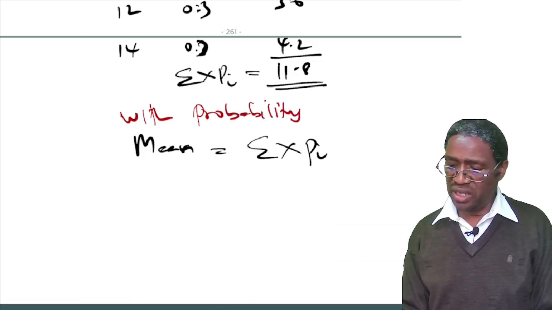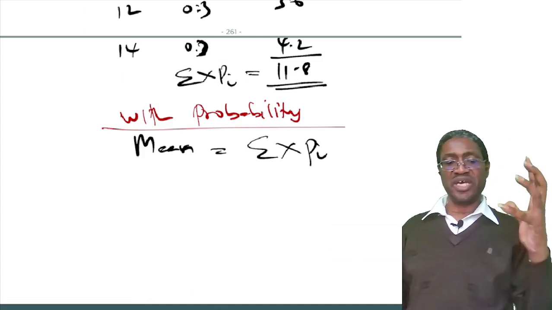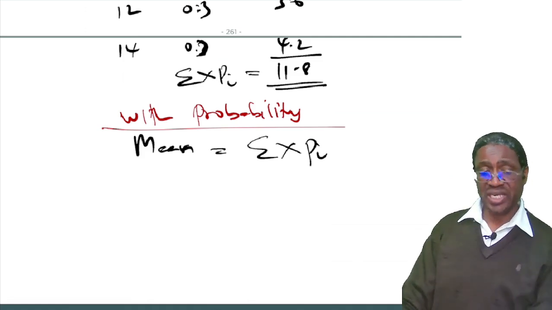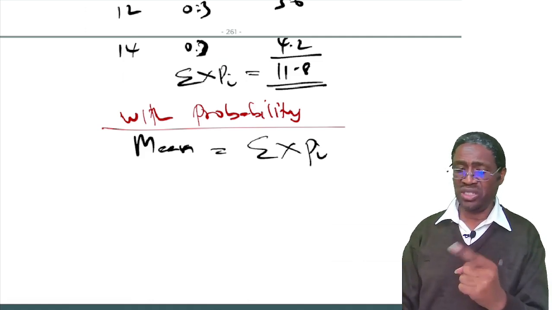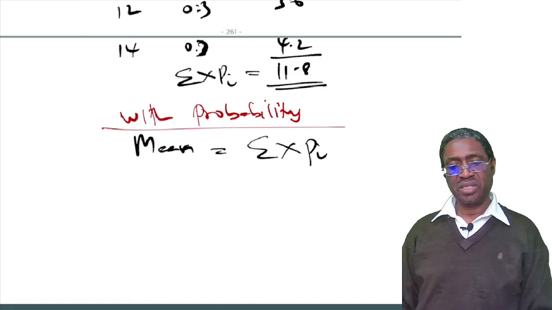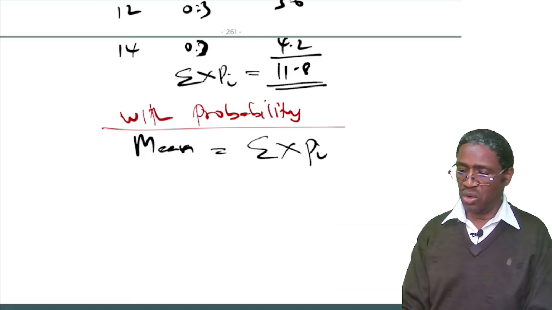That means where the examiner now gives you probabilities. I've said expected is also known as the mean. Then you can copy this formula now.